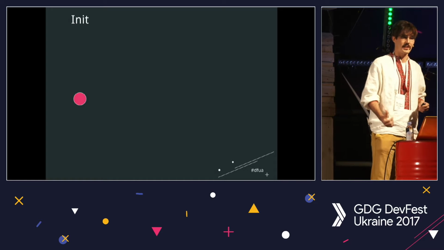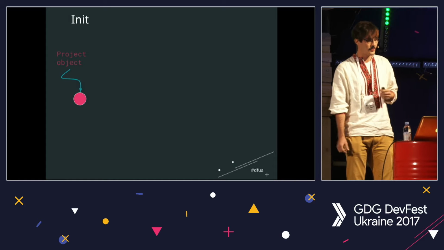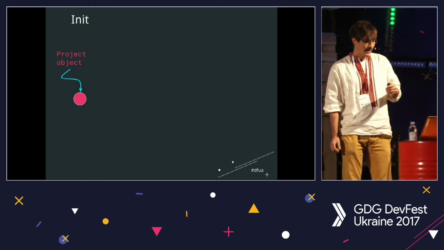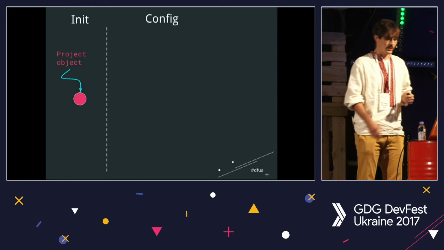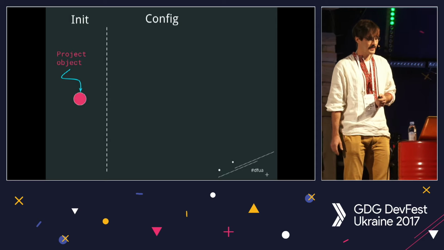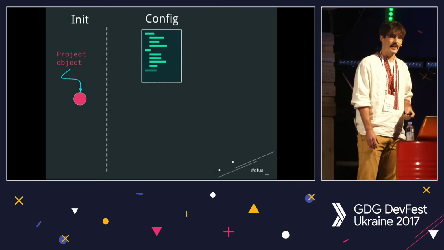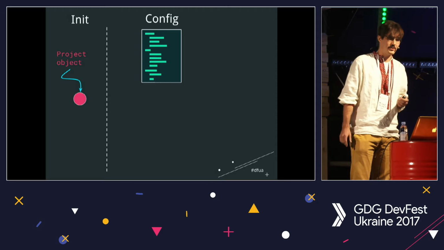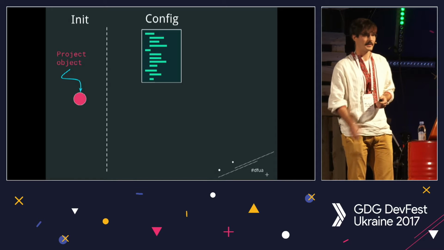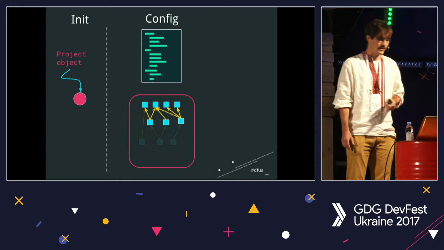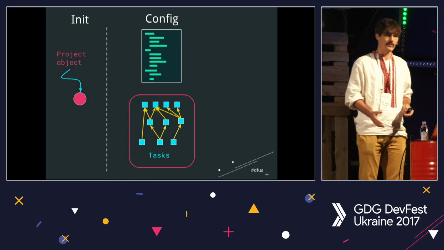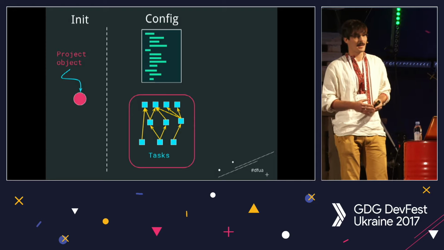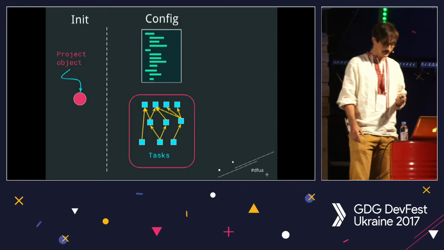On the initialization stage, Gradle creates a project object. On the next stage, configuration, it interprets our build script and creates a DAG of tasks, or directed acyclic graph. This is a graph of tasks with directed dependencies between them.